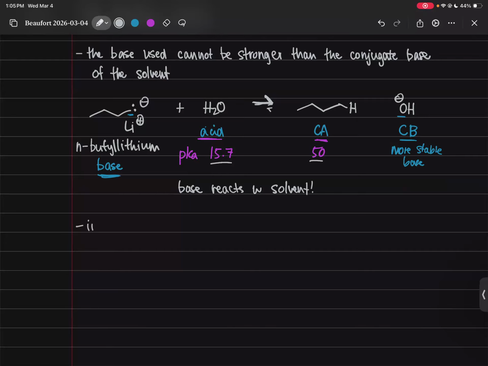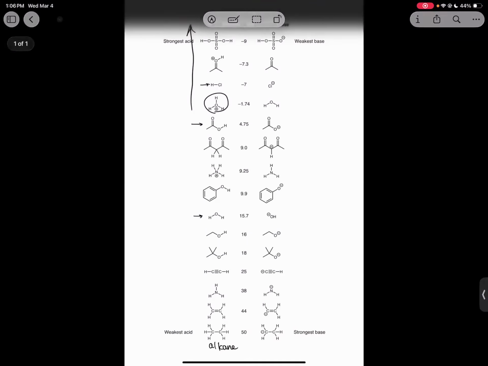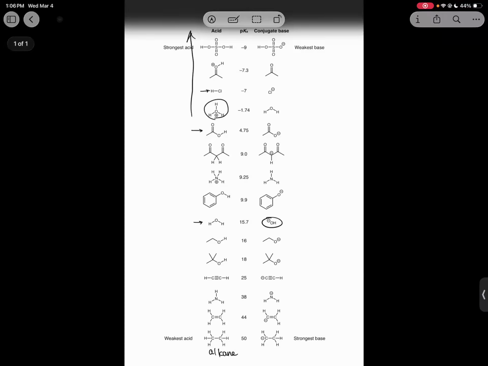So this means that in water, the strongest base that we can use is hydroxide. That might sound okay from a general chemistry perspective because hydroxide is a strong base. But if we look at our pKa chart, all the bases stronger than hydroxide are those below it, and that's quite a few.